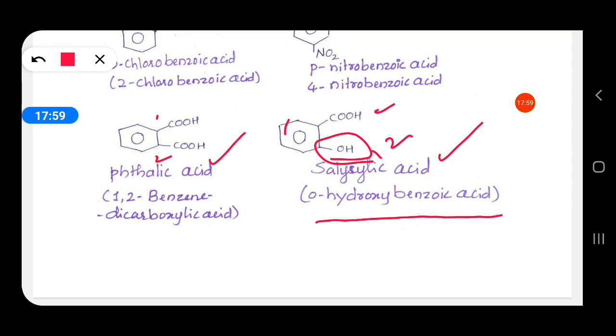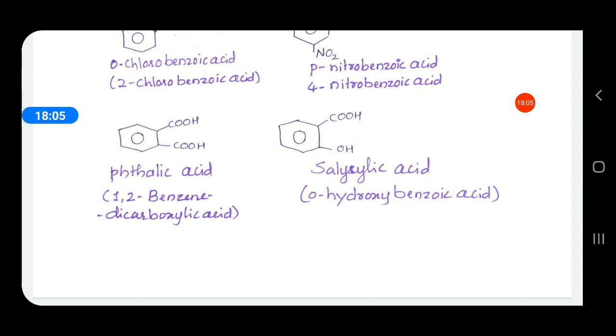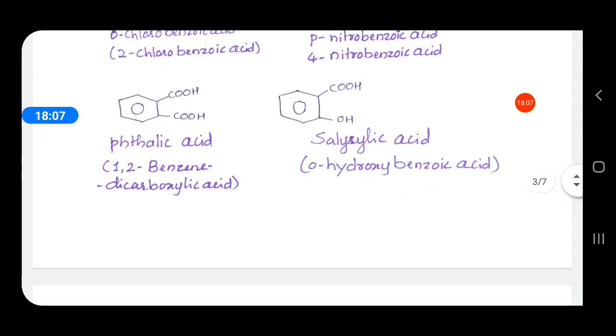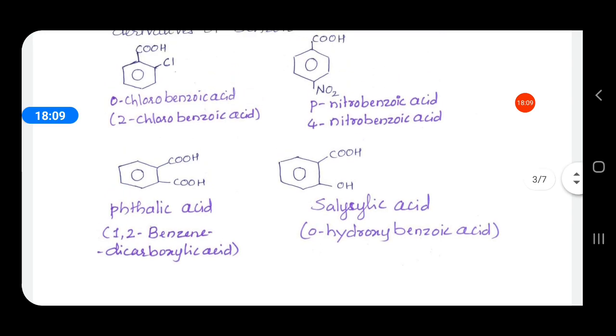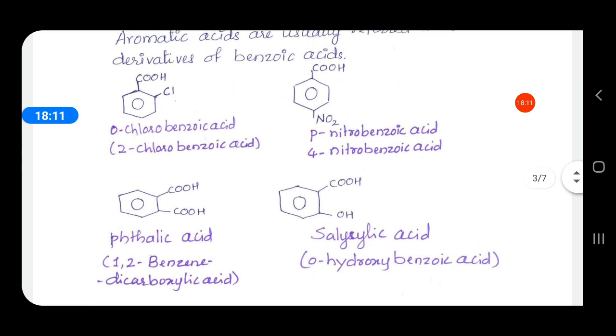So it is orthohydroxybenzoic acid or 2-hydroxybenzoic acid. So like that, the aromatic compounds are named. In the aromatic compounds, instead of IUPAC naming, common names are popular. So aromatic compounds are called with the common names only.